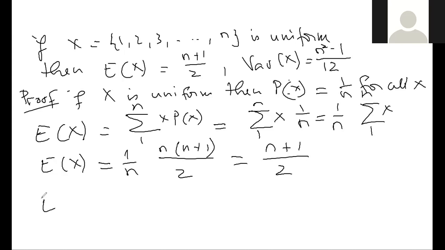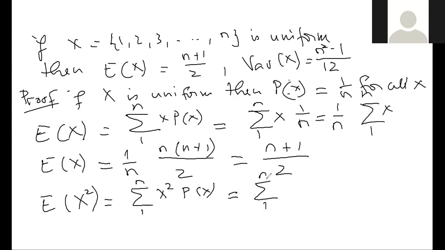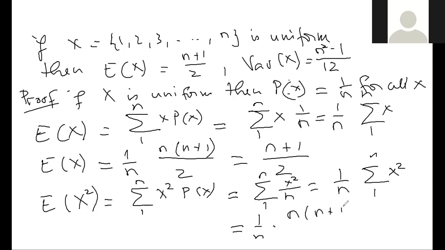To find the variance, we will first do E(x squared), which is equal to the sum of x squared times P(x) from 1 to n, which is the sum from 1 to n of x squared over n. P(x) equals 1 over n still, which is 1 over n times the sum from 1 to n of x squared. So remember what we said was the sum of the first squares, n times (n plus 1) times (2n plus 1) over 6.